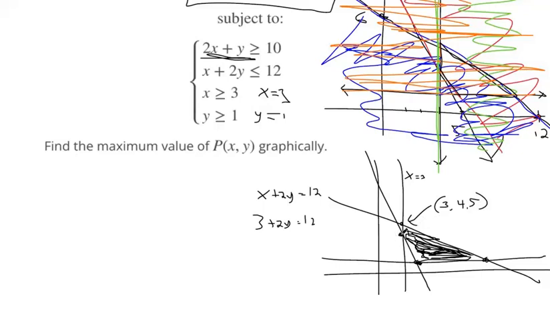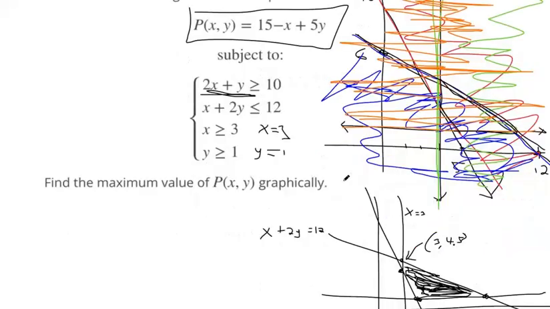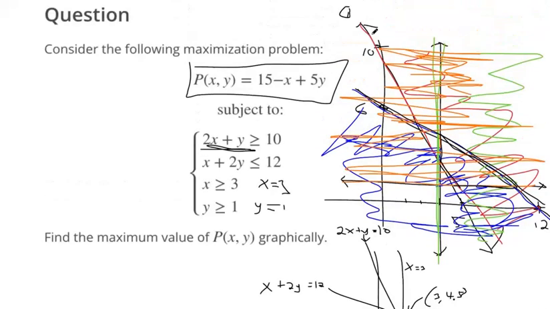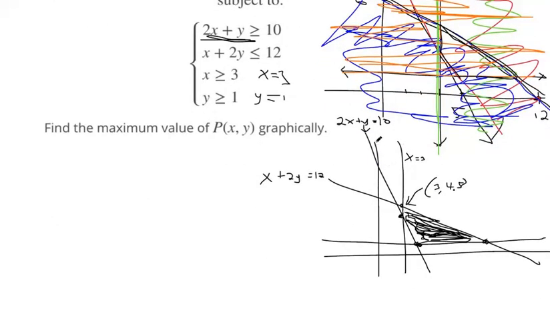We need the other 3. So we need to find out where this line, which was the red graph, 2x plus y equals 10 in our original graph, crosses. That was this one going diagonally, because it had a y-intercept of 10, so that had the highest y-intercept. If we want to find out where this line crosses at this vertex, it's crossing at the x equals 3 line.